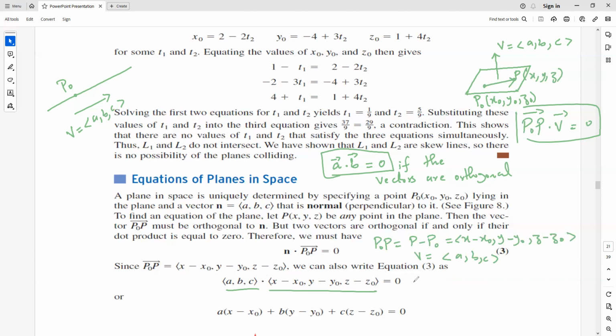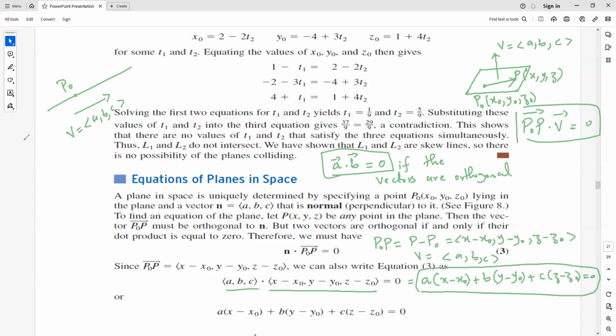The dot product is taken as corresponding components are multiplied, and then we sum all these products. So a times x minus x0, plus b times y minus y0, plus c times z minus z0 equals 0, where x0, y0, z0 is a point lying on the plane, and a, b, c is the vector normal to the plane. This way we get the equation of the plane, right?